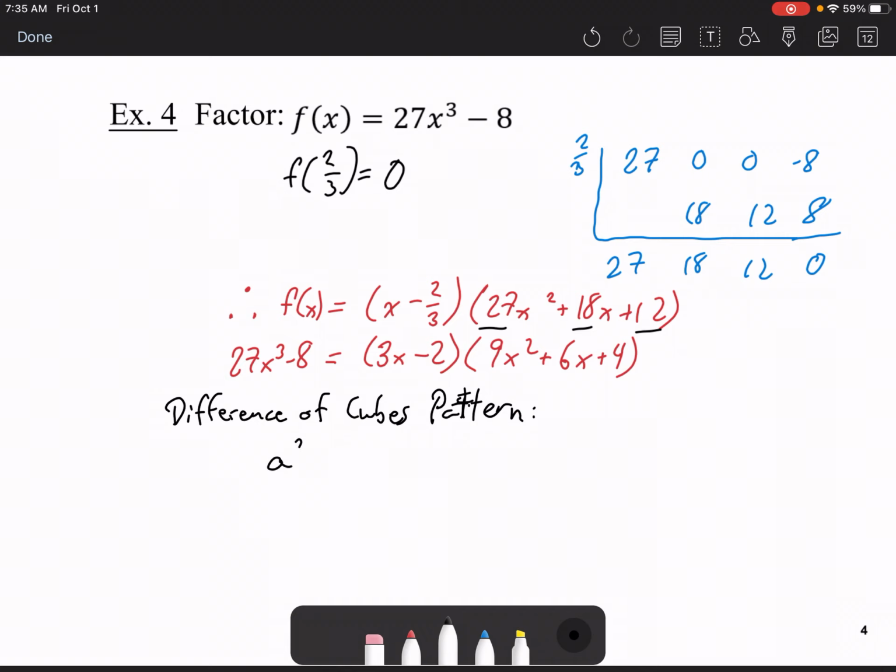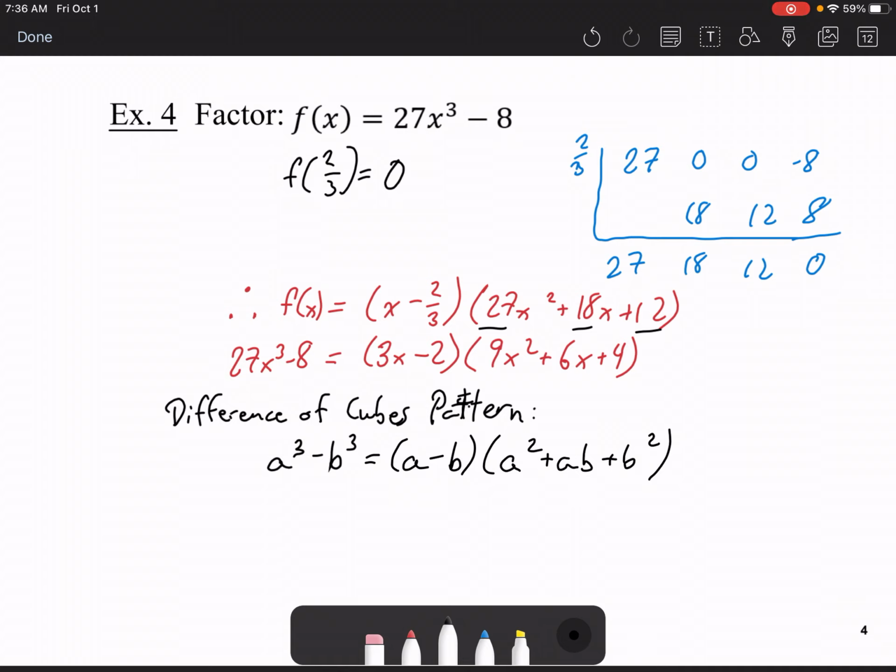So if you can write a cubed minus b cubed, or your expression in terms of an a and a b that is cubed, it can factor into a minus b times a squared plus ab plus b squared. If you don't recognize this pattern, of course, again, you could just go about working this out.